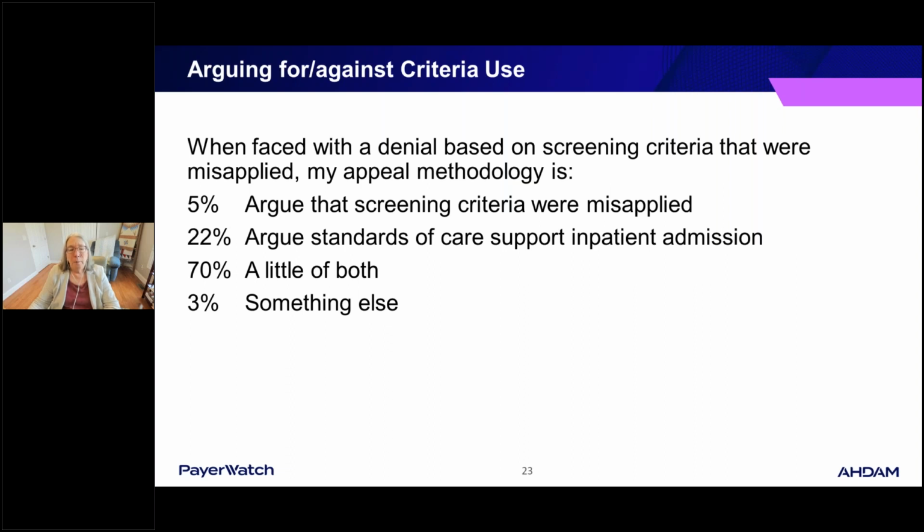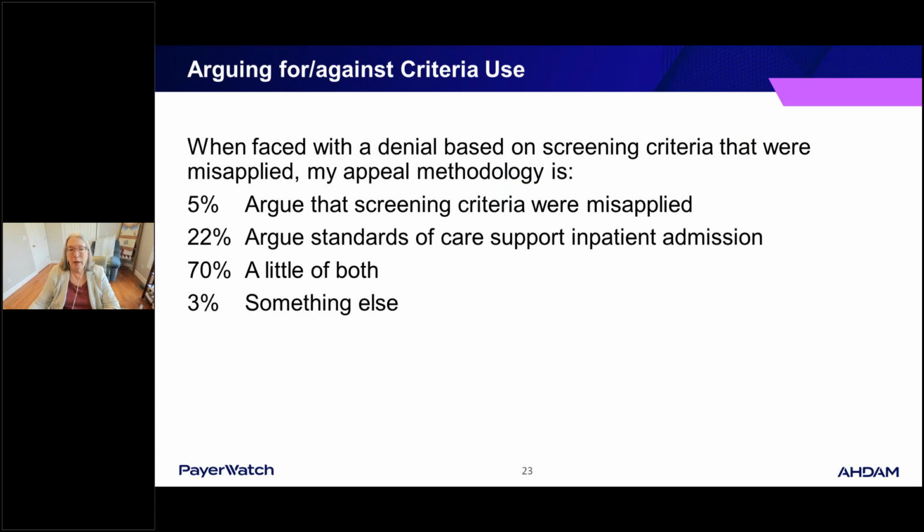criteria. But if you have a payer that, if you just go back to them and say your screening criteria was misapplied, or you didn't consider this, or you didn't see this in the record that would support your screening criteria, and that payer will overturn it based on that, why wouldn't you go for that?